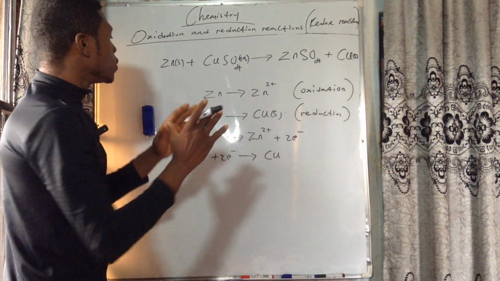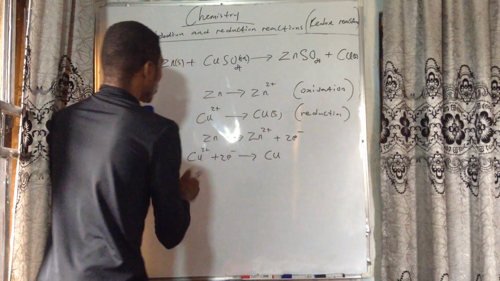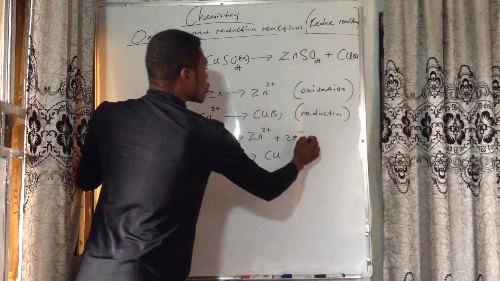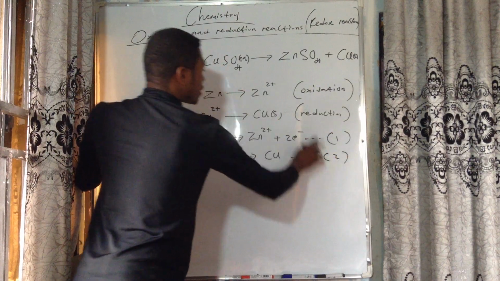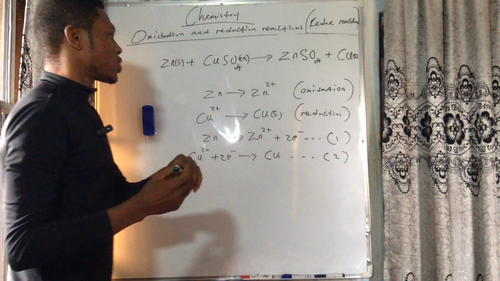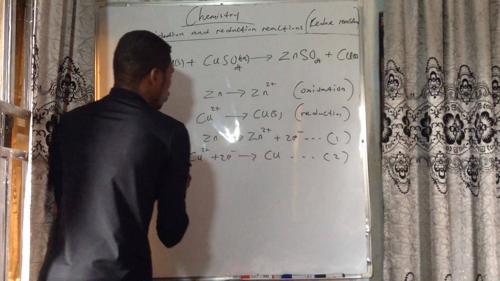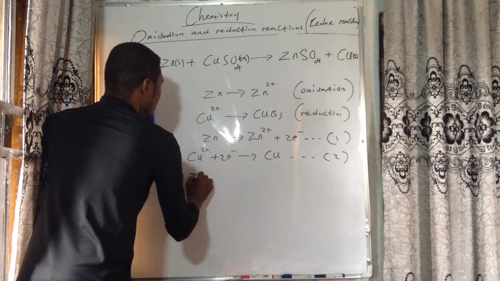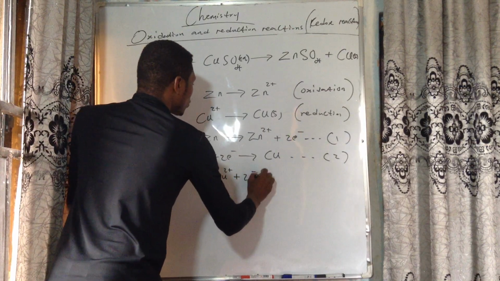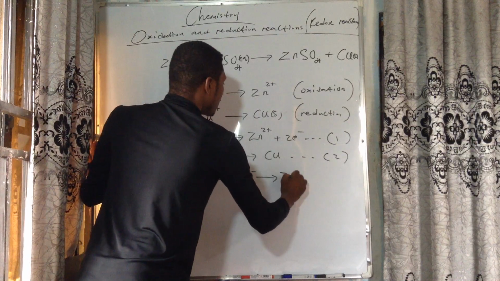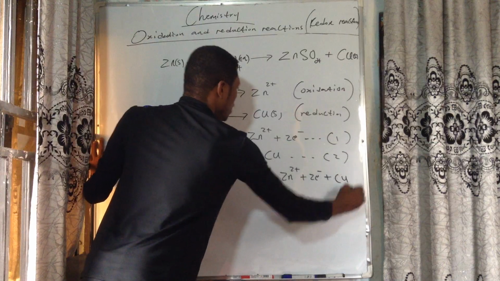So what you will do next is to write the net equation. The net equation now becomes, you add these two equations, once they are balanced by both mass and charge. That's when you write equation 1 plus equation 2, you just do it like this: Zn plus Cu2+ plus 2 electrons, giving us Zn2+ plus 2 electrons plus Cu.